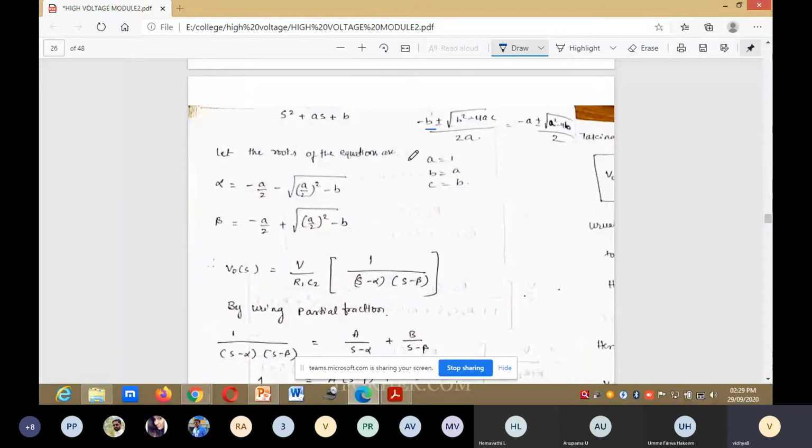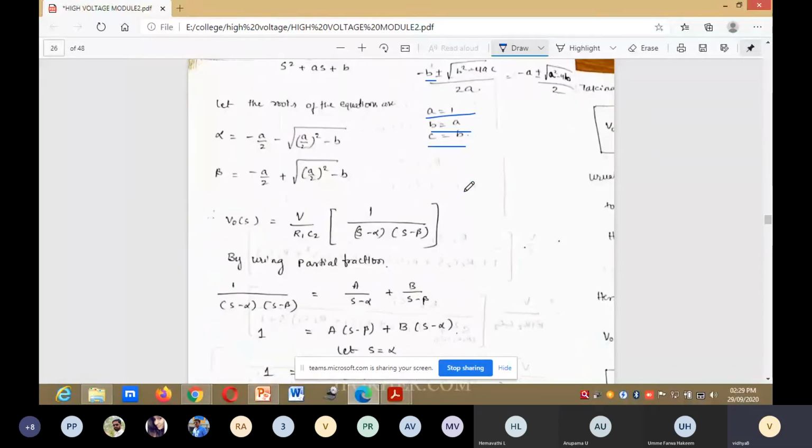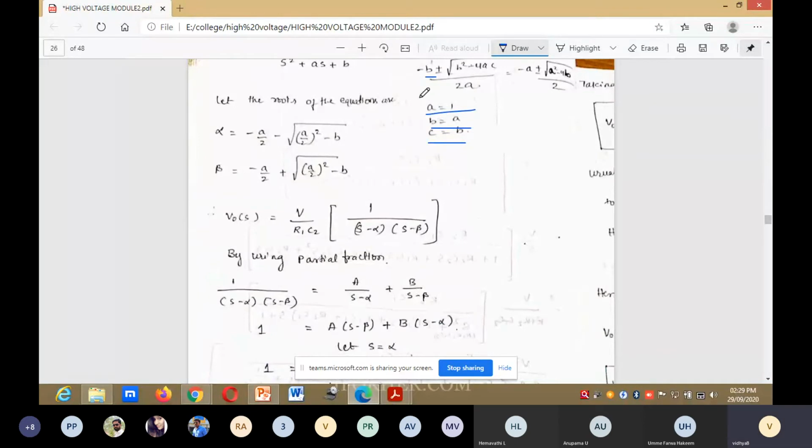Let the roots of the equation be alpha is equal to minus A divided by 2 minus square root of (A by 2) whole square minus B, and beta is the other one, with plus.